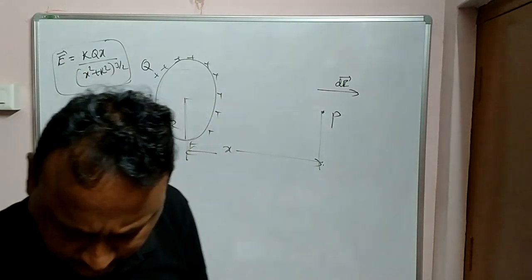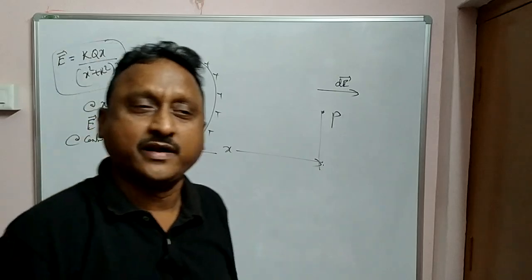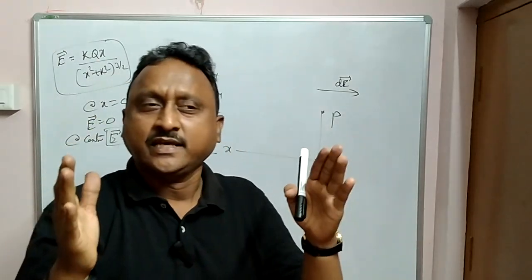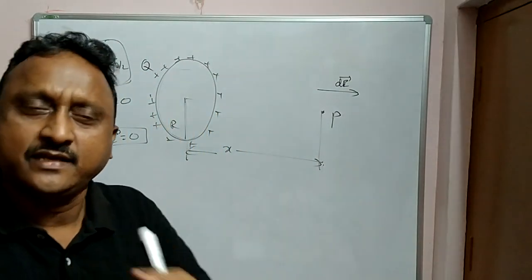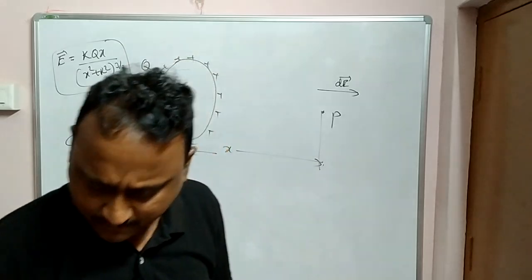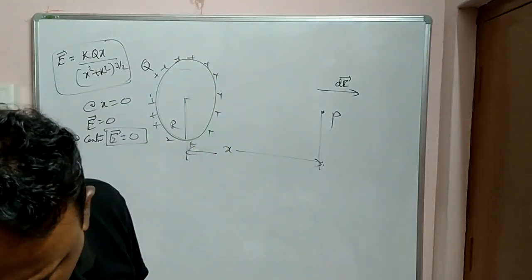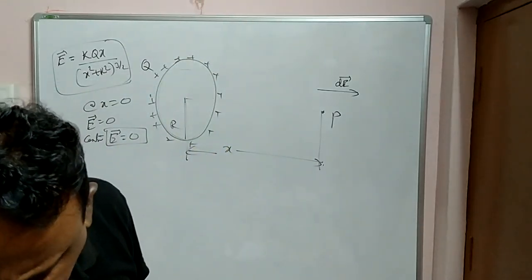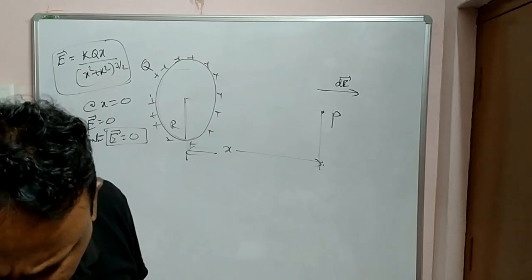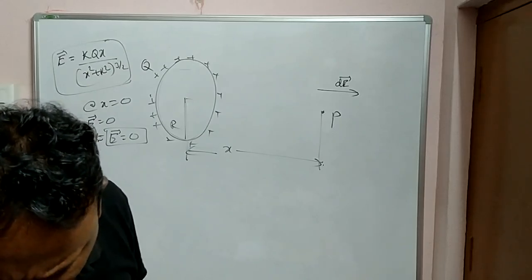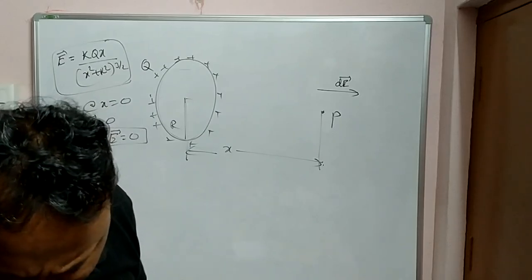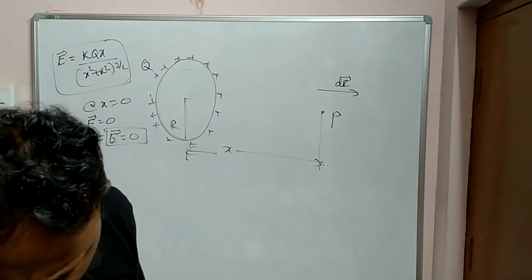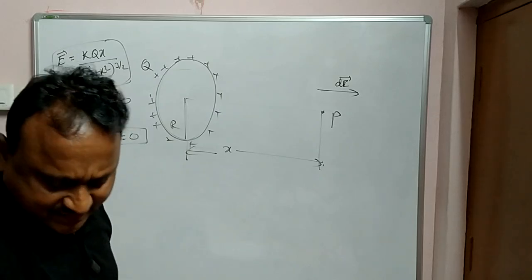Please write down. See, there is a little theoretical part and numericals are also there. In electrostatics, if you understand the theory, you can solve any problem. Okay? Clear? And we also have an x value here.